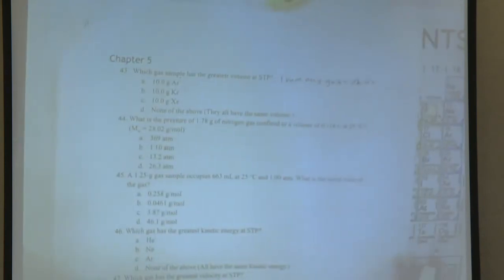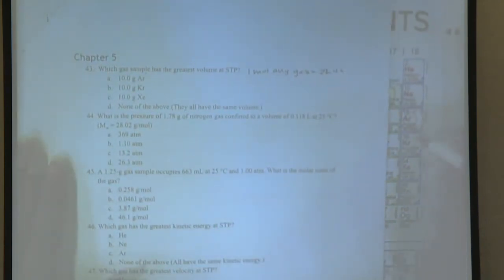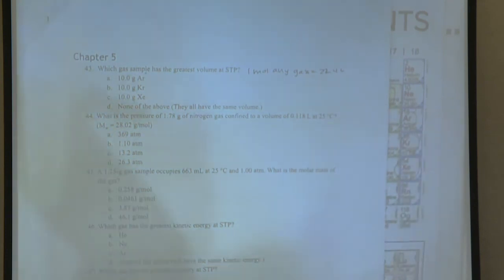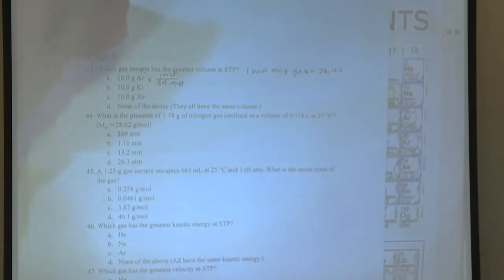I forgot to give you your molar masses for this one. So argon, krypton, and xenon. Essentially, what my point is here is that for every 1 mole of argon, you have 39.948. For every 1 mole of krypton, you have 83, right? For every 1 mole of xenon, you have 131.